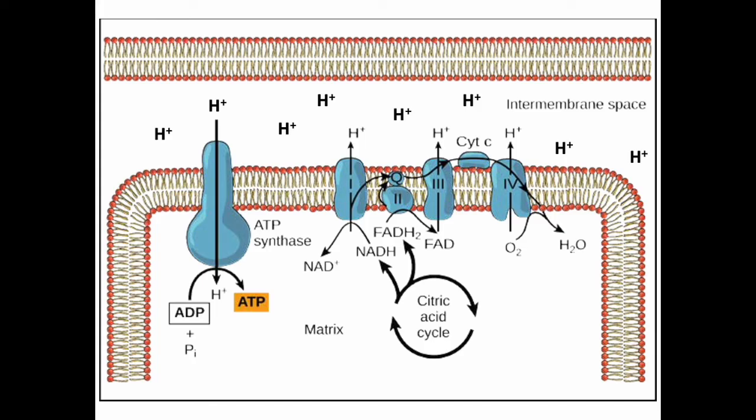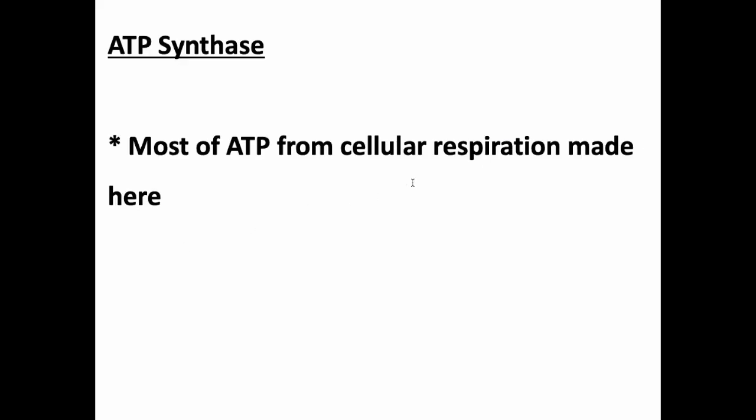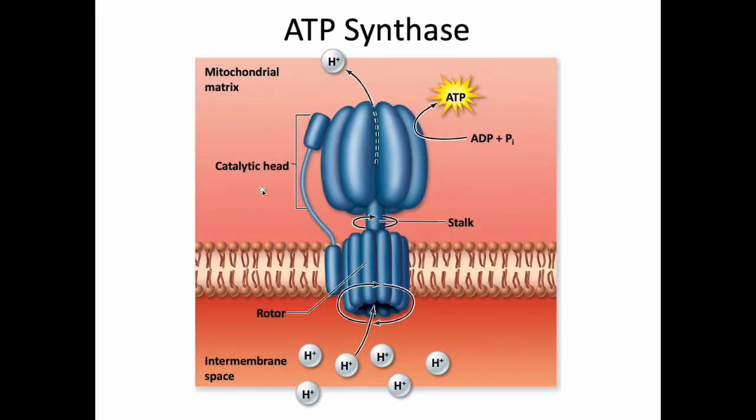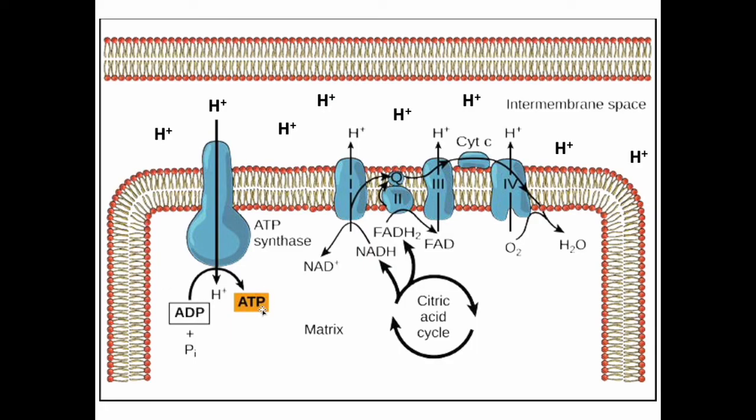In fact, again, the textbook will count exactly how many molecules of ATP are made at each stage along the way. Don't worry about that. I'm just going to say, in qualitative terms, most of our ATP comes right here. We did get some from glycolysis and the citric acid cycle, but the biggest payout, most of the ATP from all of cellular respiration, is made by ATP synthase, at this stage.